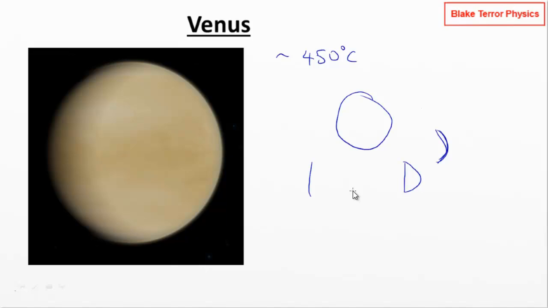But it doesn't have this internal dynamo, maybe because it doesn't have the plate tectonics and it's trapping heat in there. If you're going to get the dynamo that creates the Earth's magnetic field, similar thing on Venus, you need these convective processes going on from the core to the mantle. So maybe with the lack of plate tectonics, it's just trapping heat in and not getting that convection going. Or maybe the core has solidified more.